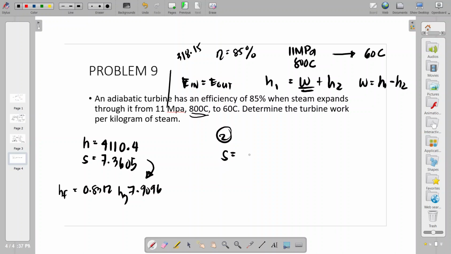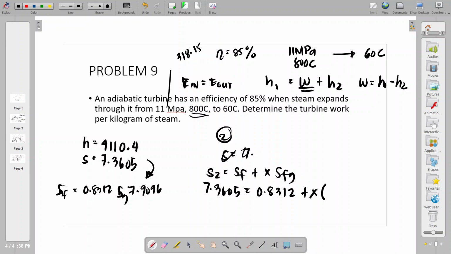S2 is equivalent to SF plus x SFG. Okay? So, 7.3605 is equals to 0.8312 plus x times 7.0784.